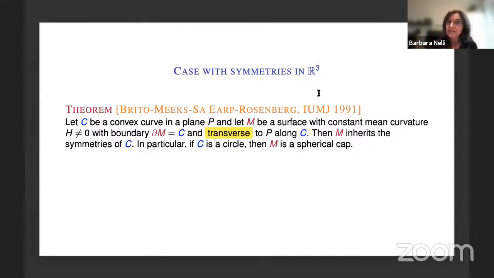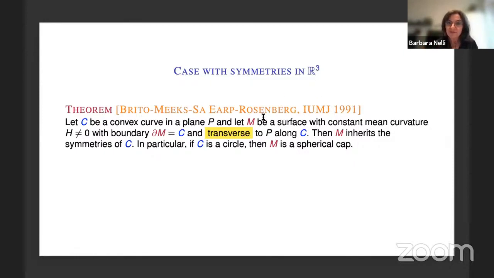You take a convex curve in a plane, and you take a surface with constant mean curvature with boundary this curve. And you want this surface to be transverse to the plane that contains the boundary curve along the curve. Then they prove that M has all the symmetries of the boundary curve. In particular, of course, if C is a circle, then M is a spherical cap.